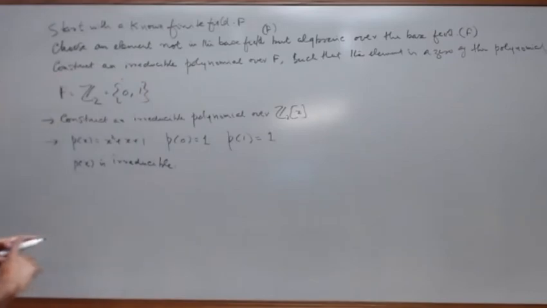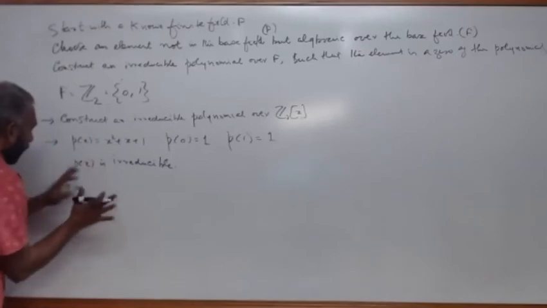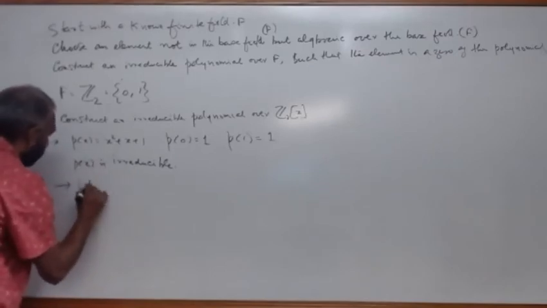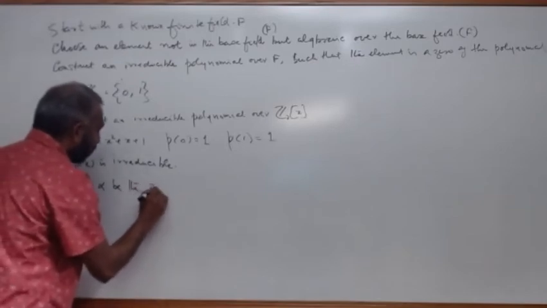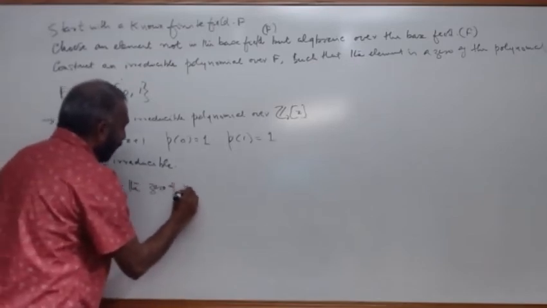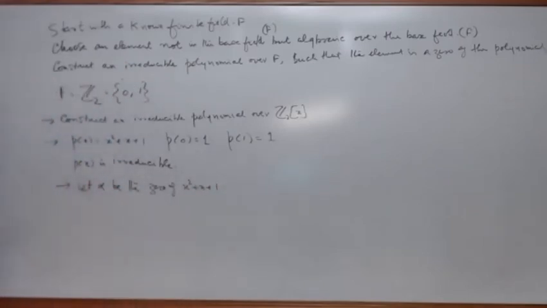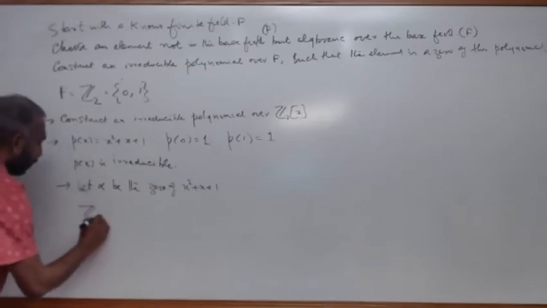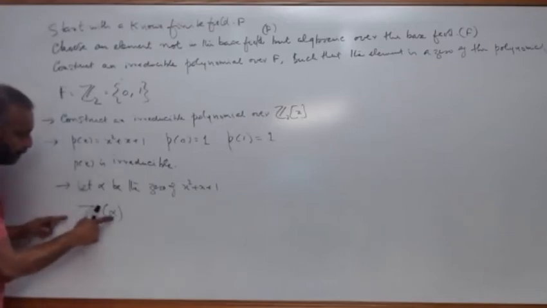So let us assume that alpha be a 0 of x square plus x plus 1. Now we will consider Z2(alpha), the simple extension containing Z2 and alpha.